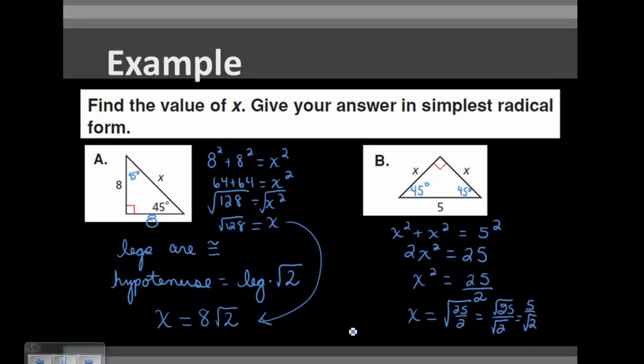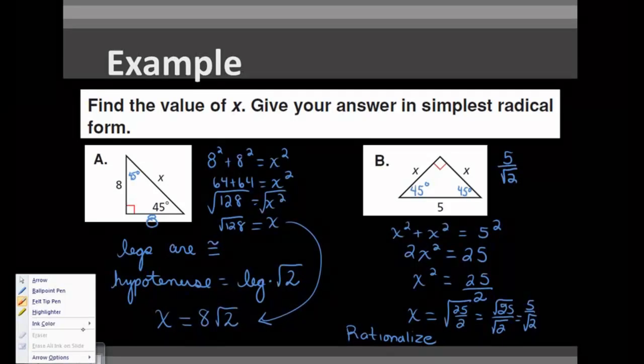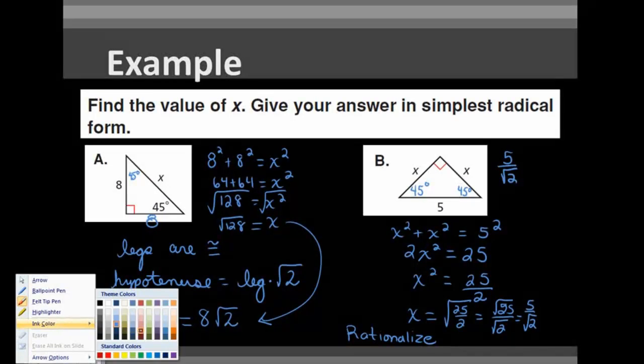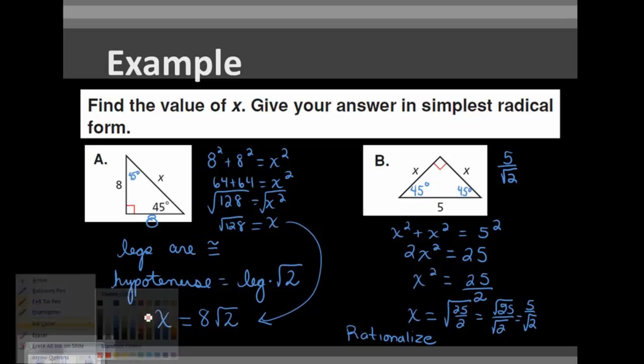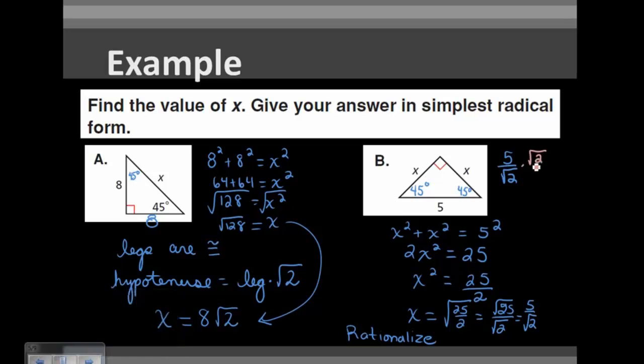And then we would need to rationalize the denominator. So we've got to think about what that means. Well, if we have 5 over the square root of 2, to rationalize the denominator, you multiply the top and the bottom by the denominator. So multiply the top by the square root of 2, multiply the bottom by the square root of 2.